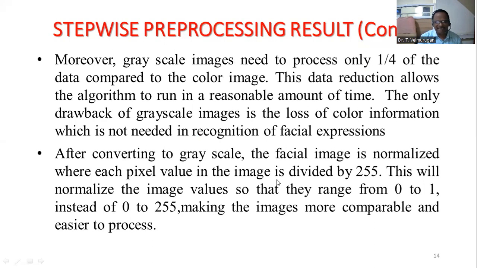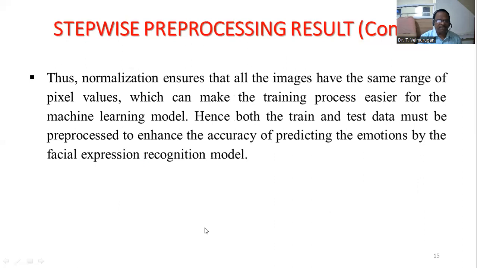After converting to grayscale, the image is normalized, where each pixel value in the image is divided by 255. This normalizes the image values so that the range is from 0 to 1 instead of 0 to 255, making the images more comparable and easier to process.